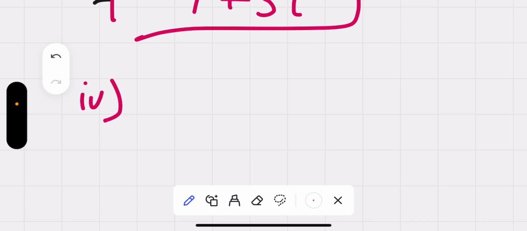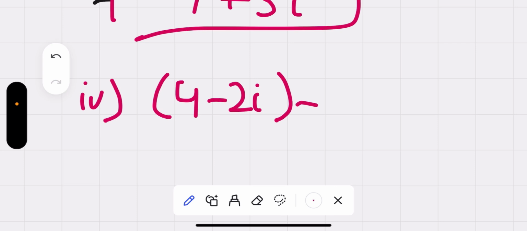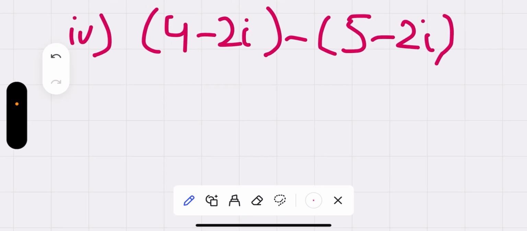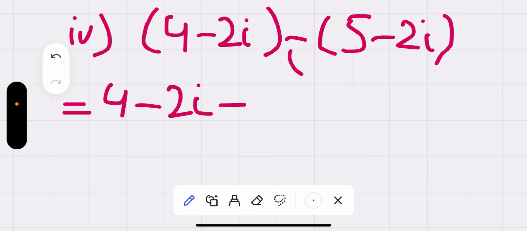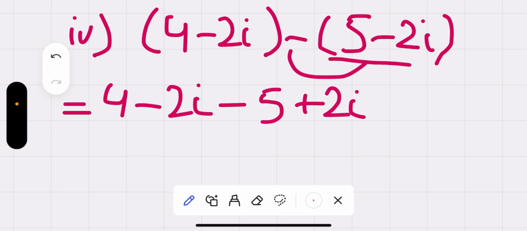We have negative 9, and here we shall have positive 5 iota, so this is the answer. Next we have the fourth part, 4 minus 2 iota, negative sign, and 5 minus 2 iota. Again two complex numbers are being subtracted, so we shall open the bracket in the first step: 4 minus 2 iota, minus, and this minus sign will change all the signs inside the bracket, so negative 5 and positive 2 iota.